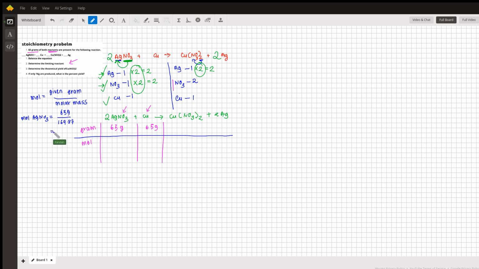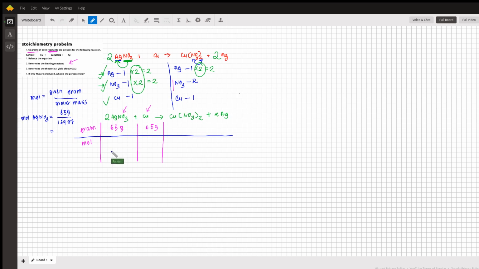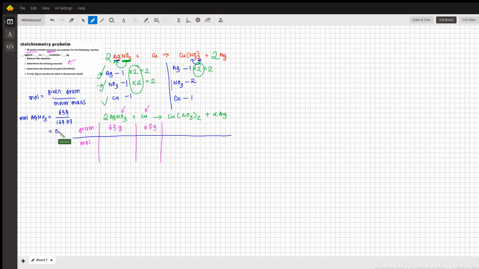So 65 divided by 169.87 is going to give us 0.38. You need to have the correct sig figs at the end of your answer, but now let's just be more accurate.